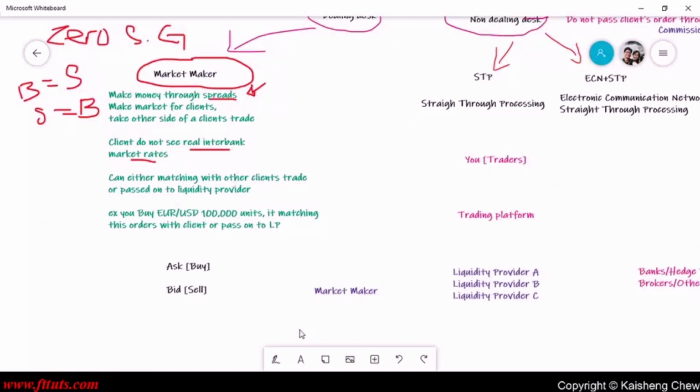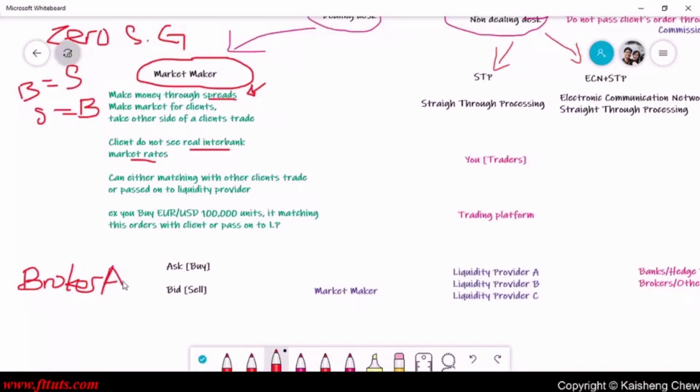Okay, they will pass to the other client. Because in the platform, they have a lot of people inside their platform. Let's say this is broker A, right? So they have a lot of people who want to buy and sell there.